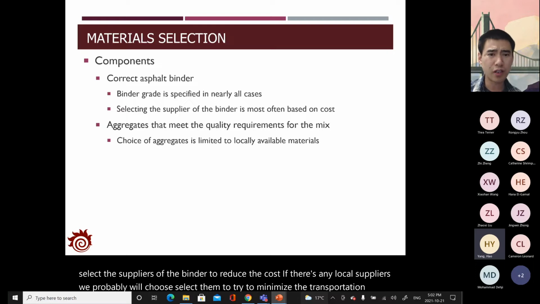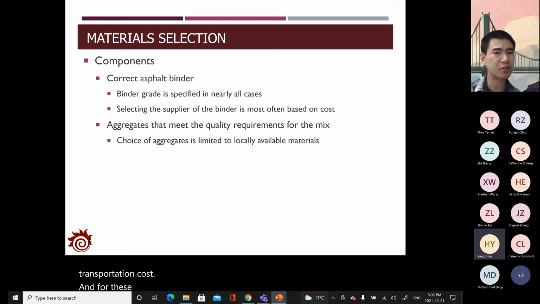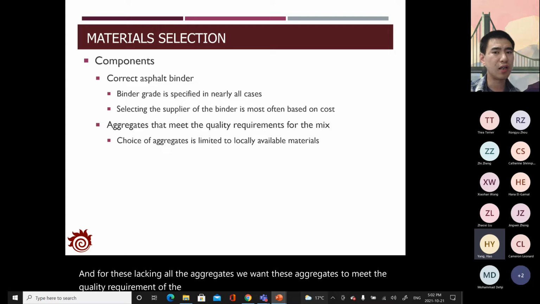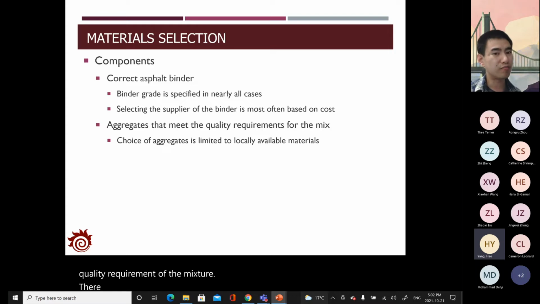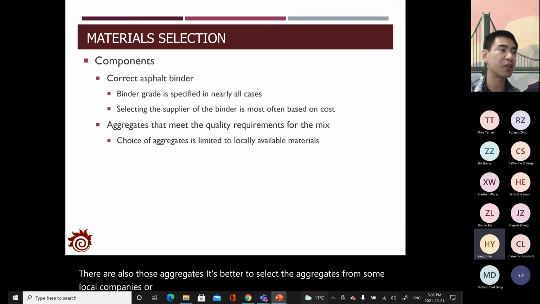And for the selection of the aggregates, we want these aggregates to meet the quality requirement of the mixture, and it's better to select aggregates from local companies or locally available materials. So this is actually still for budget control.